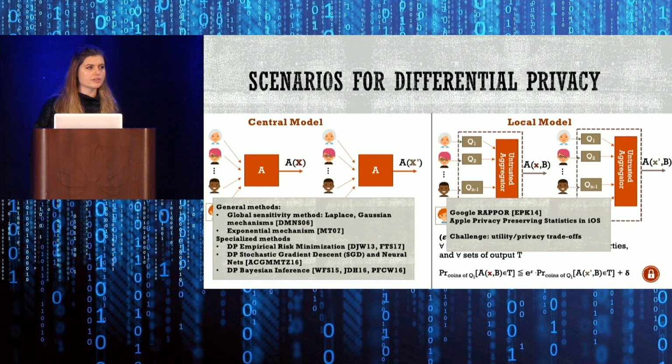And the challenge really here is to achieve a good trade-off between utility and privacy, because in general in local differential privacy we need to have more noise to protect privacy compared to the central model.